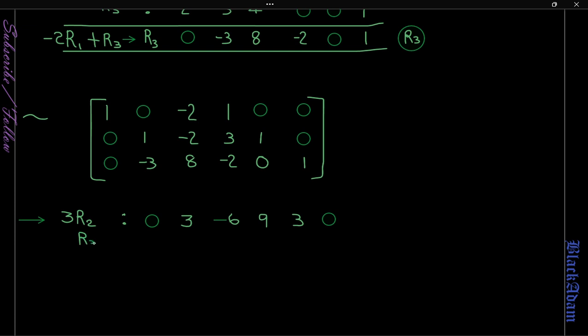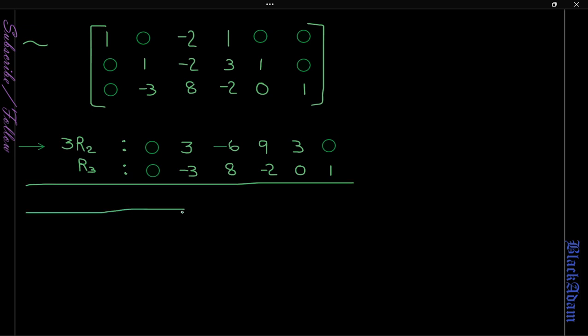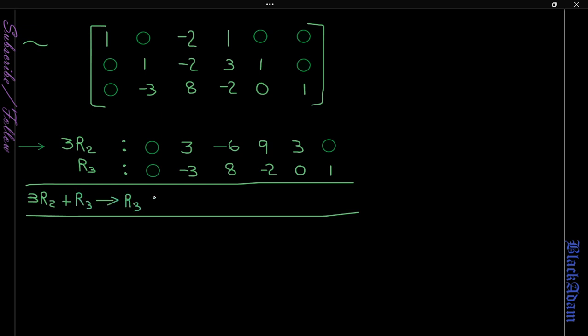And then row 3, that's 0 -3 8 -2 0 and 1, and then we add them together. We put that in row 3. So that's 3 times row 2 plus row 3, that will give us row 3: 0 0 2 7 3 and 1. So that's how we reduce to echelon form.